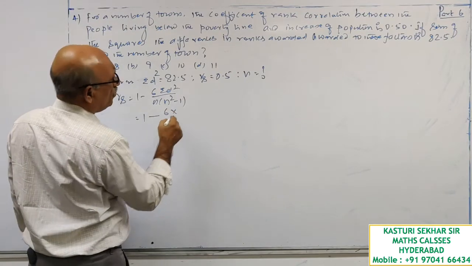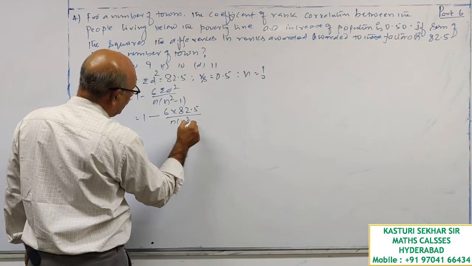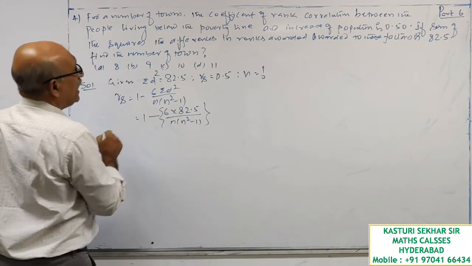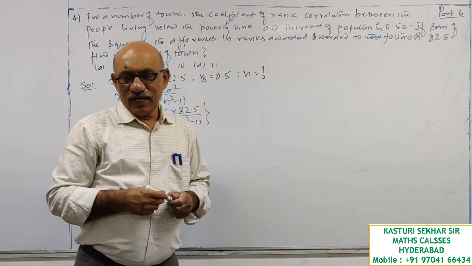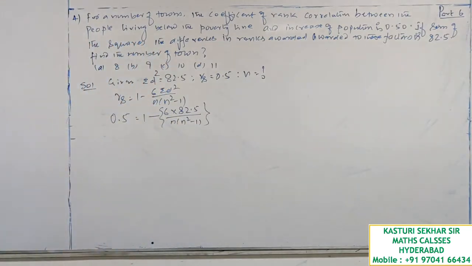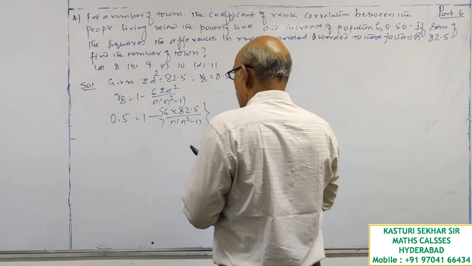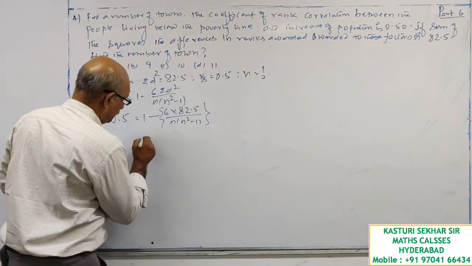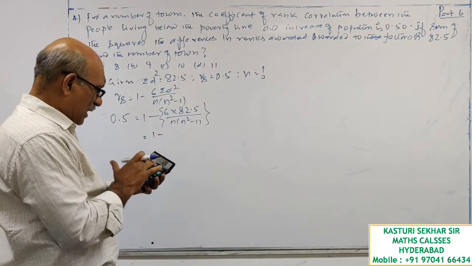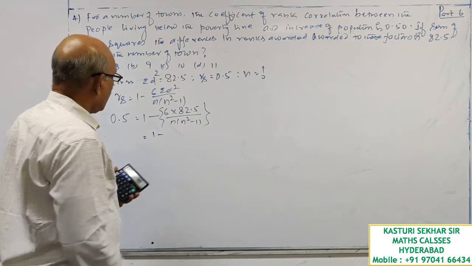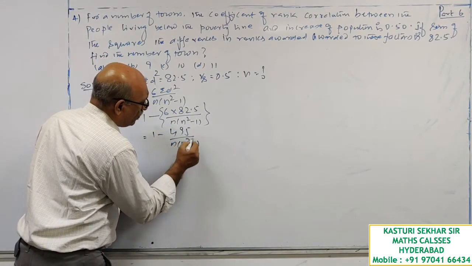That is 1 minus 6 into 82.5 divided by n into n square minus 1, and the left hand side is 0.5. So this is 1 minus 82.5 into 6, 495, divided by n into n square minus 1.